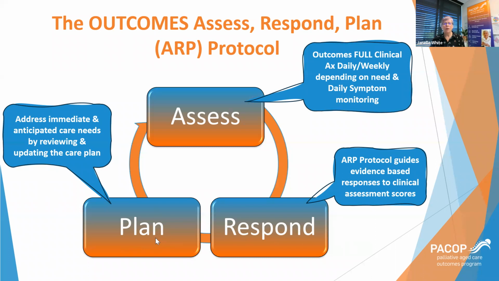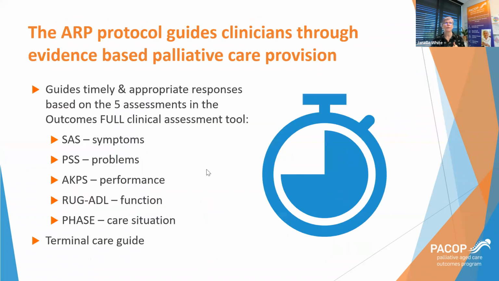And then the plan component is really focused on what it's all about in aged care, which is ensuring the resident's care plan is up to date and is actually anticipating very near future needs, but also addressing current needs. So it's how quickly that needs to be done.